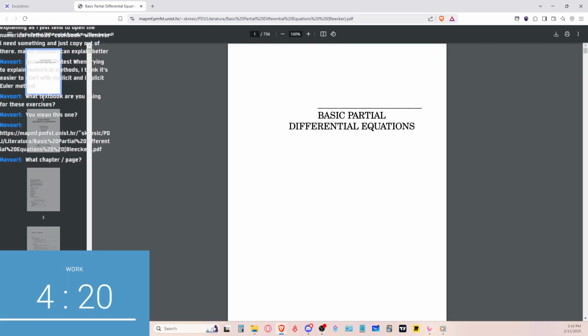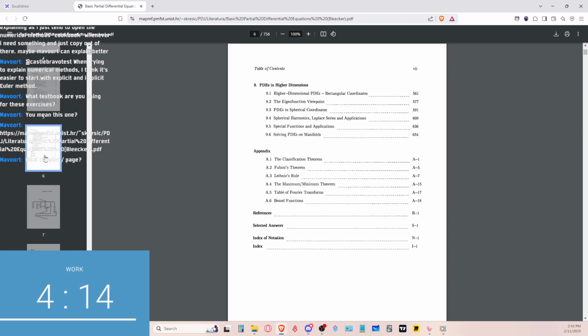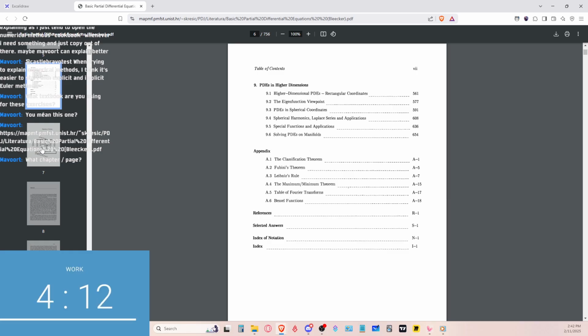What is this? Oh, this book. Oh, there is a PDF. Oh yeah, okay, that's the same amount of pages.